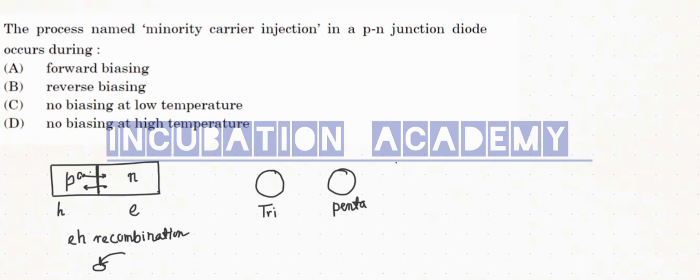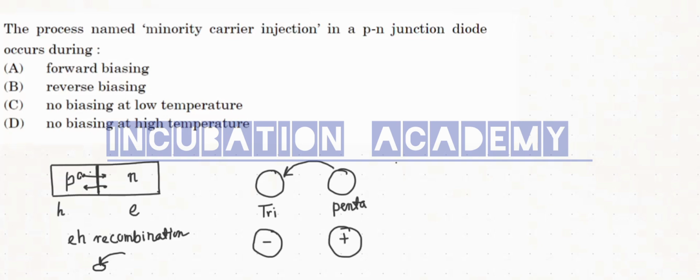So one electron is transferred from the N side to the P side. The trivalent impurity atom, by receiving that electron, becomes a negatively charged anion, and by giving that electron from the right side to the left side, the pentavalent impurity atom becomes a positively charged cation.